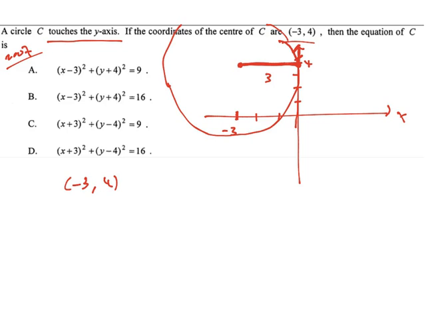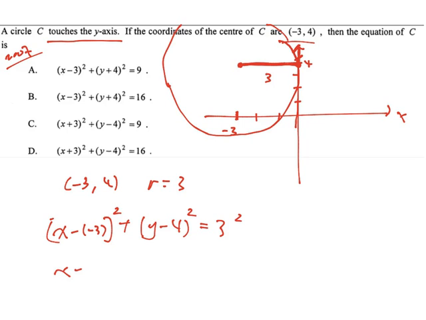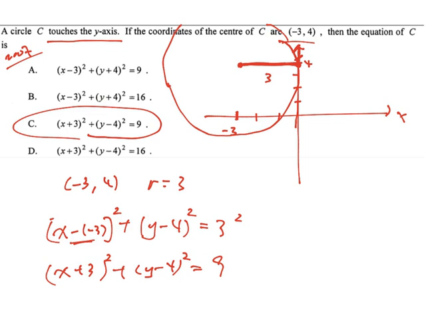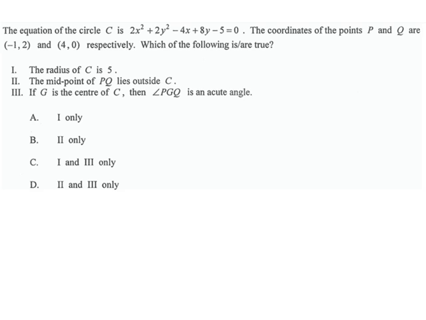So if we have the center here and radius 3, we can create the equation: (x plus 3) squared plus (y minus 4) squared equals 3 squared. So we can simplify a little bit here, 9. You can see the answer is C. Next, try to do 2013.